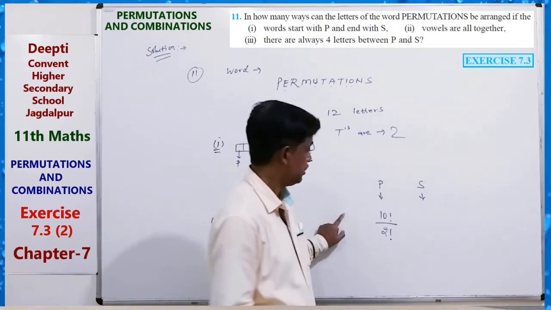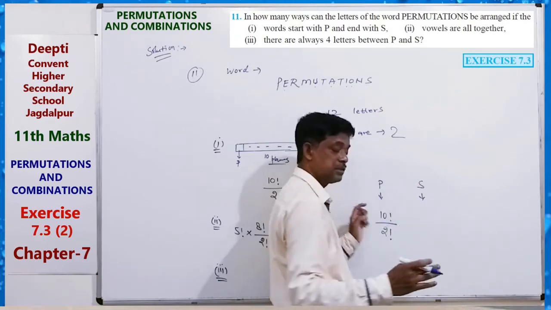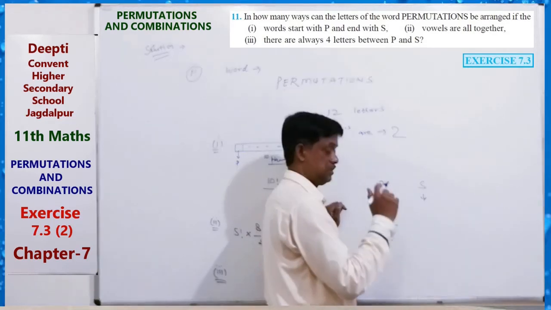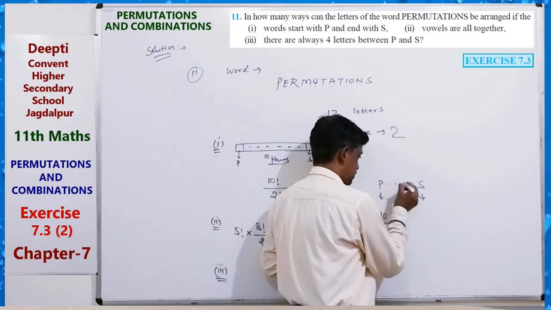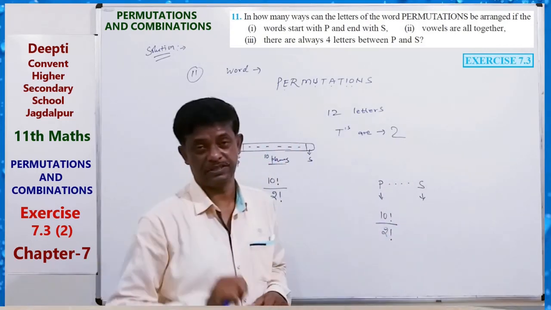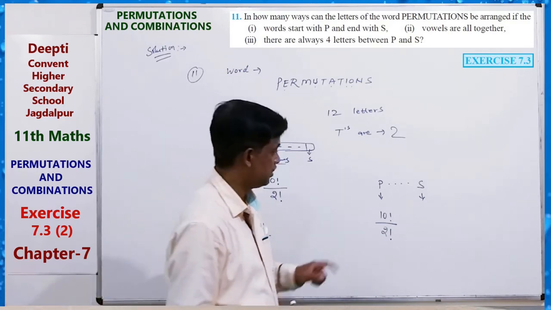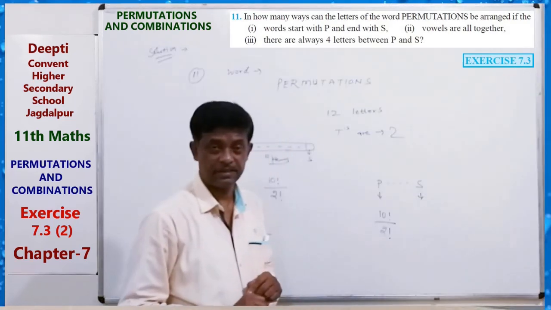Also, P and S are fixed with 4 letters between them.